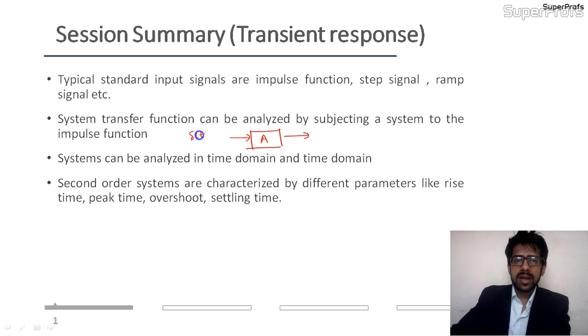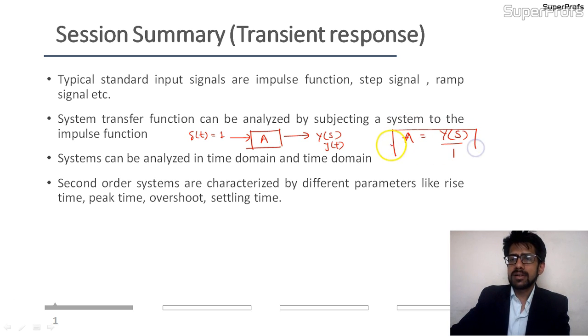I should apply the impulse signal, whose Laplace transform is nothing but 1, and measure the output y of s or y of t. The transfer function is nothing but the Laplace transform of output upon input. So A is equal to y of s upon 1, so A is nothing but y of s. This is how I calculate the transfer function of the system, by applying an impulse function.